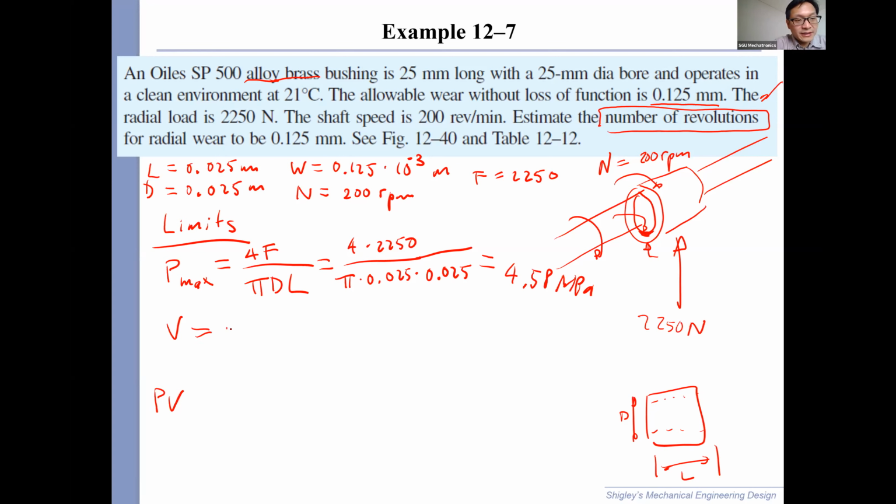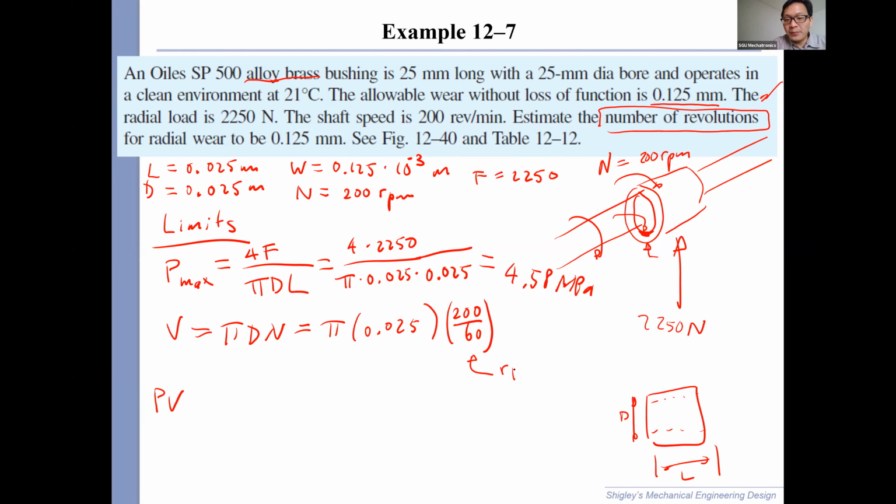Now velocity, pi dn. So pi times, this is really omega times r. You have to do n in terms of seconds. Okay, watch this.